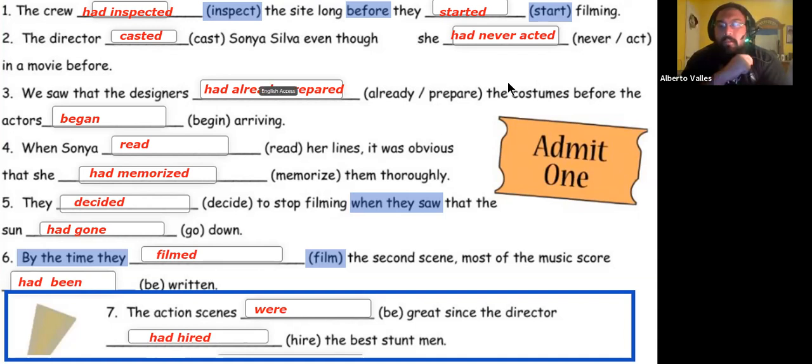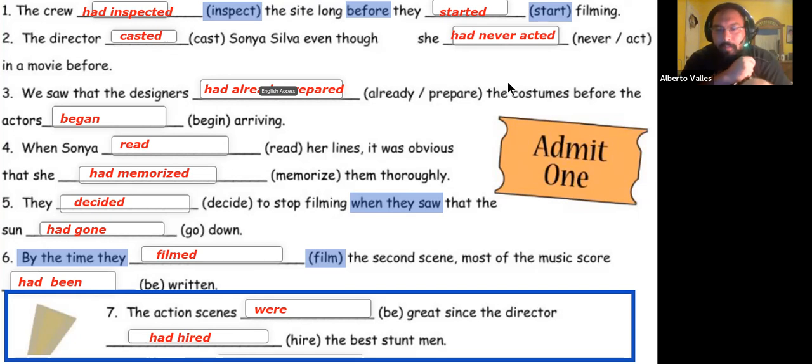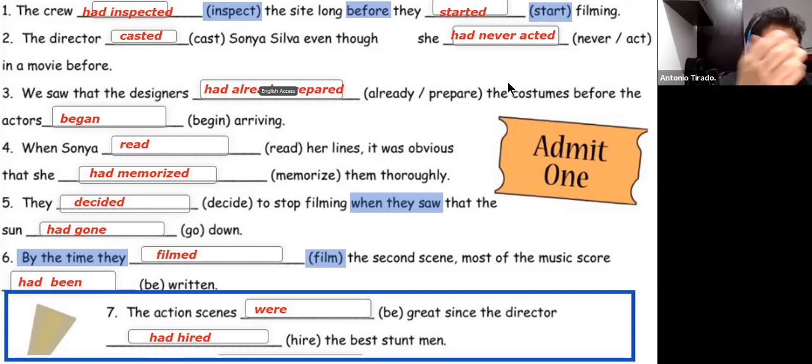So if you don't have the best stuntmen, how can your action scenes be great? So hiring the people is first, before actually filming the movie.